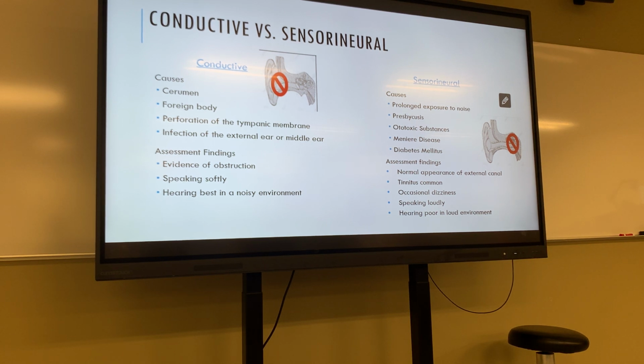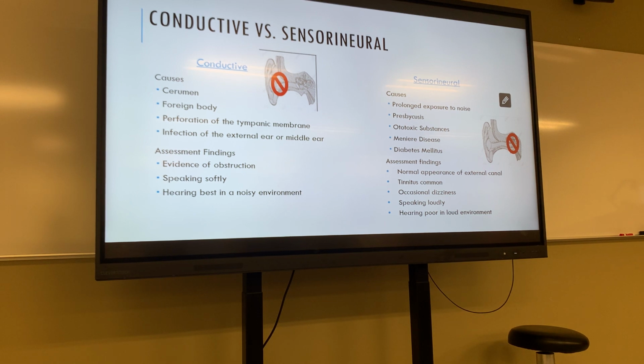If their tympanic membrane is ruptured, perforated, then of course that causes that sound wave to not hit it, and then an infection. So this is something on the outer ear that is preventing those sound waves from hitting the middle to inner ear, okay? If they have a tumor, if it's swollen, like I said, earwax and so on.